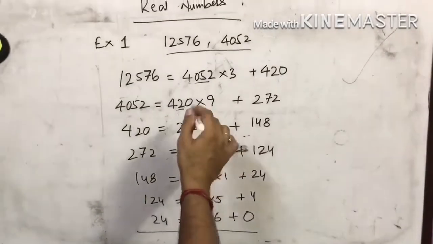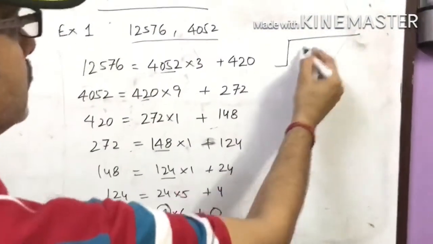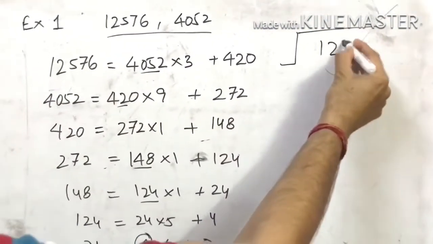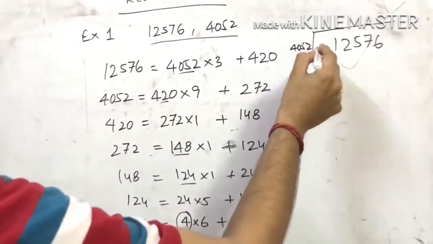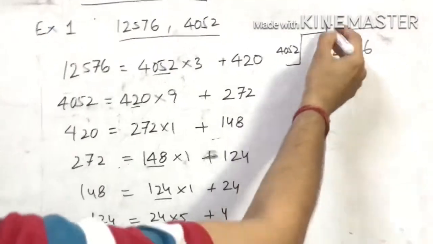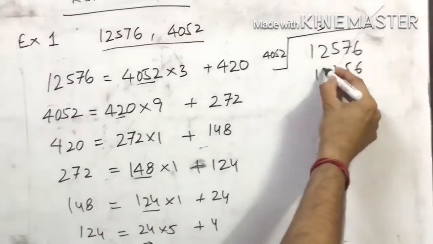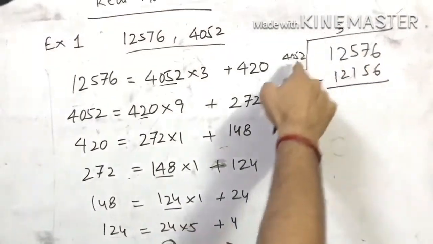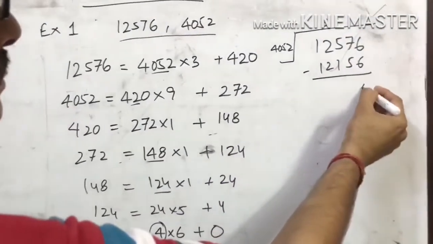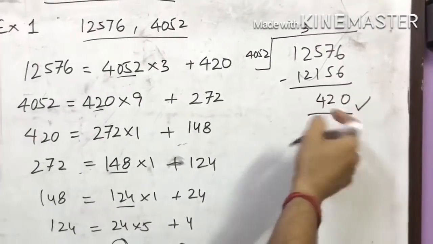If we're going to example number 2, let's understand how we are dividing this. So take your number A here and 4052 on rough paper like this. So when you take 3 here, you can see when you multiply by 3 4052 and subtract it, what number you will get. So this is your remainder.